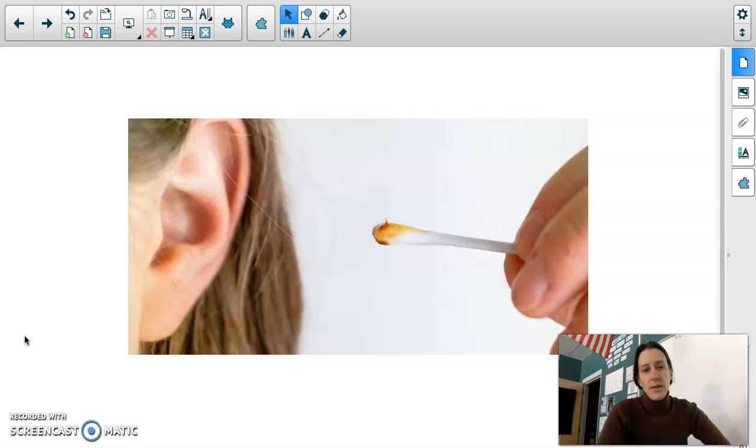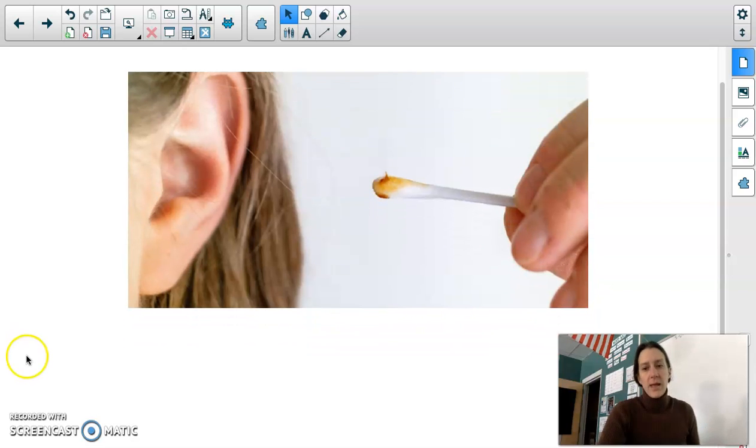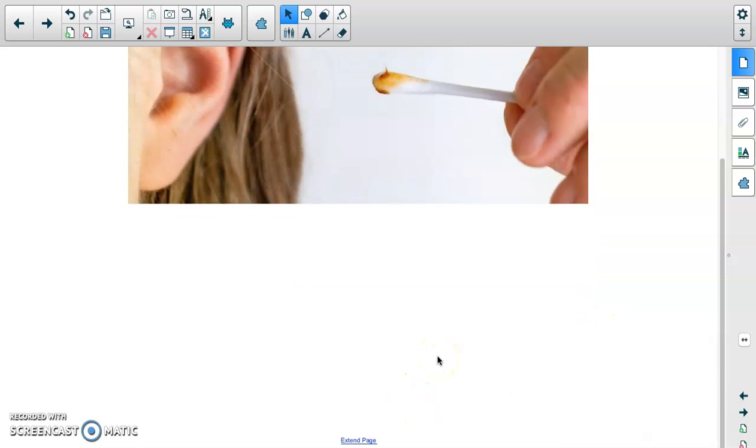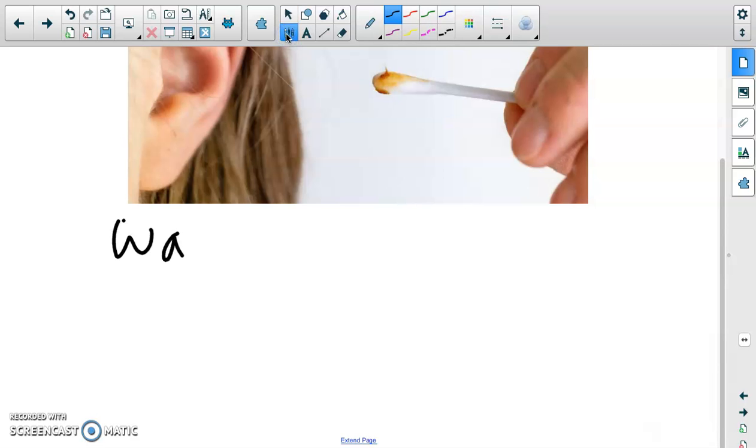So to understand why earwax is yellow, first of all, we have to remember a couple of things that all my biology students should know about waxes. Okay, let me scroll. There we go. Okay, so wax is in the category of being a lipid.